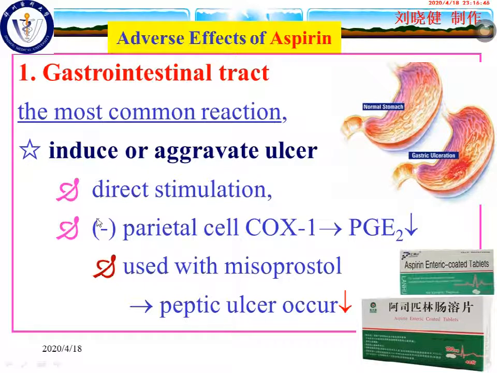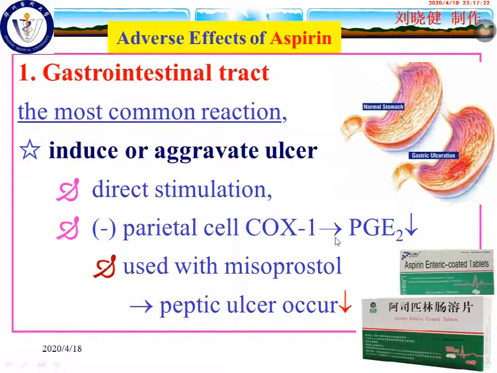Another reason is the inhibition of COX-1 in the mucosa of the stomach. Aspirin's mechanism of action is to inhibit the synthesis of prostaglandins in different areas. In the mucosa of the stomach, this prostaglandin is PGE2. This substance has a protective significance for the mucosa of the stomach.